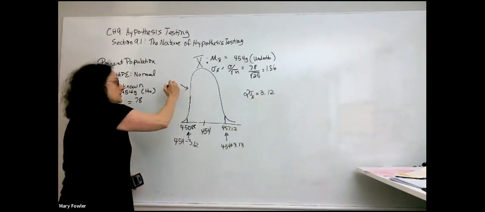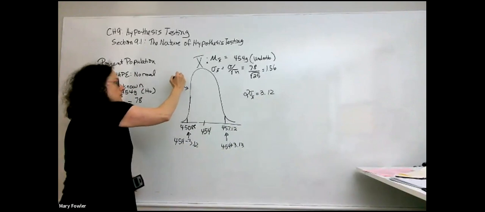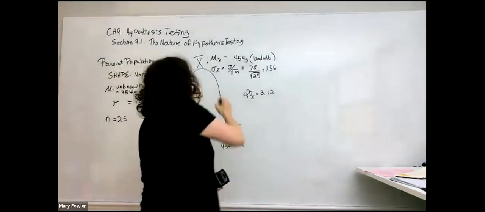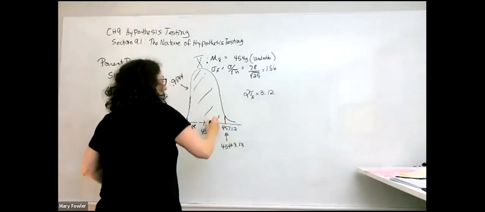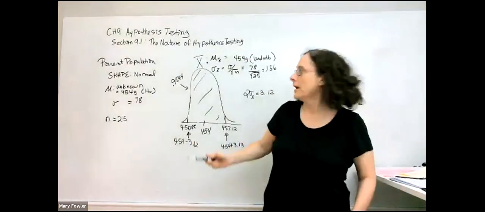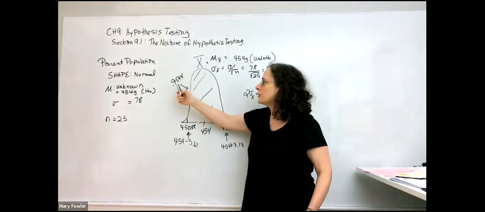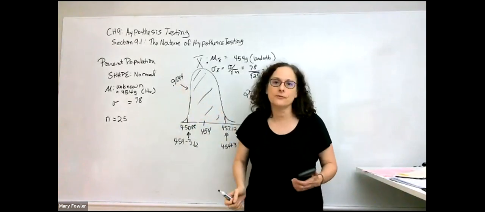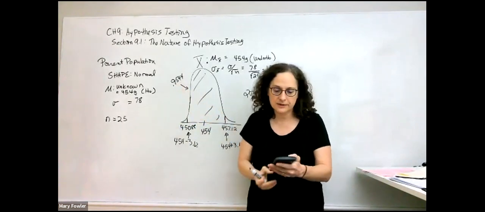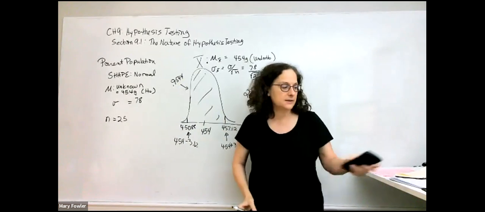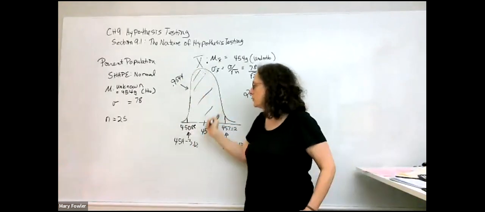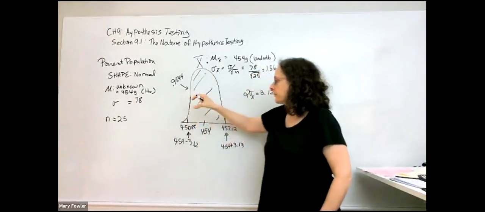So because of the empirical rule or the normal calculation, we know that that area there occurs 95.44% of the time. We would expect the X bar to be in this interval.